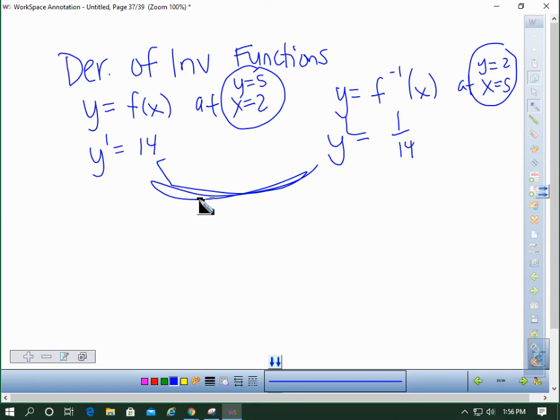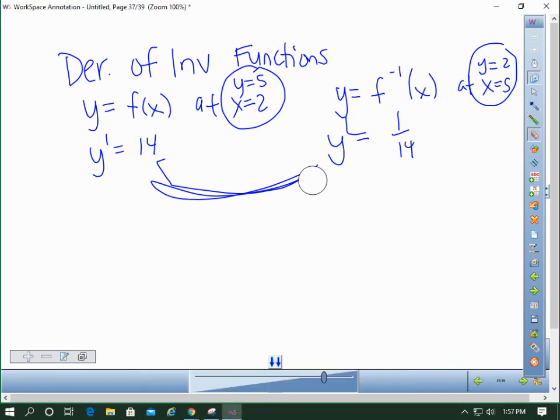You don't need to figure out the derivative of the inverse from scratch. If you already know the derivative of the function, then all you have to do to find the derivative of the inverse at the mirror point is flip it upside down. That's all I wanted to refresh your memory about, just knowing that relationship.